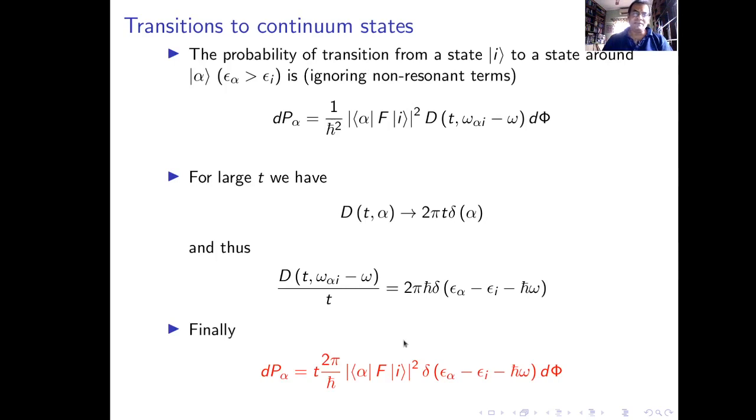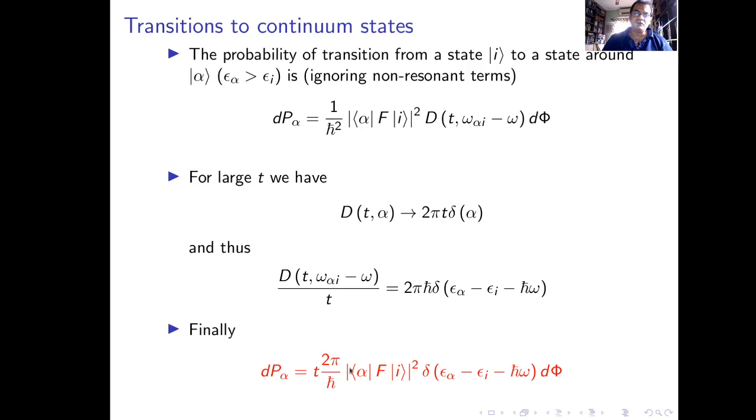So finally, the probability of transition to a bunch of states close to alpha is simply what you get when you take this expression and replace this dt(omega alpha I minus omega) with t times this delta function, and because of this h cross square which was already here, you end up with 2 pi by h cross.